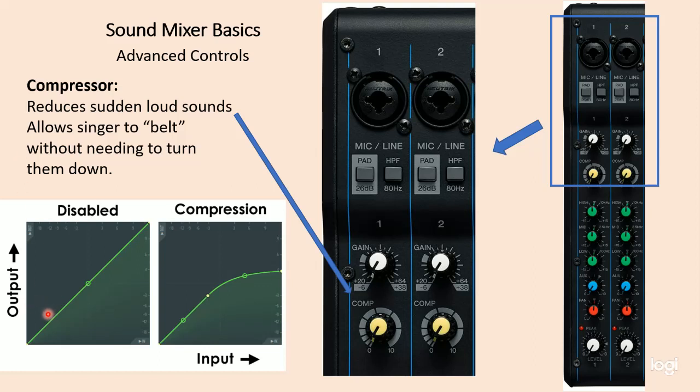Down here in this graph, you can see this is just output strength, and as the signal gets stronger, the output just keeps getting stronger and stronger. What a compressor does is at a certain point known as a threshold, it starts to automatically turn down the volume of a channel, right? So that as a singer gets louder and louder, their volume gets less and less and less.